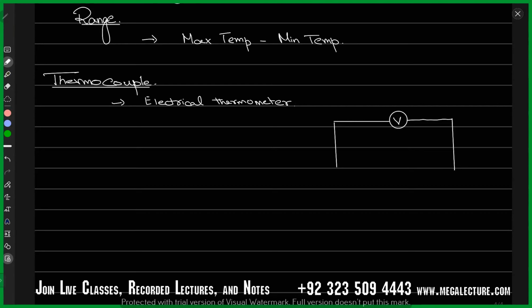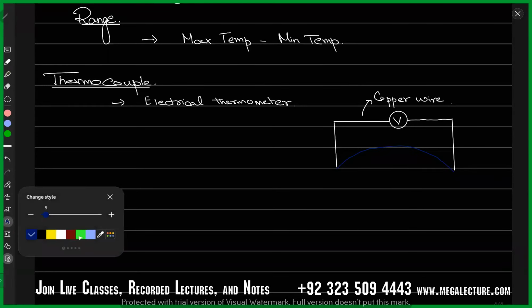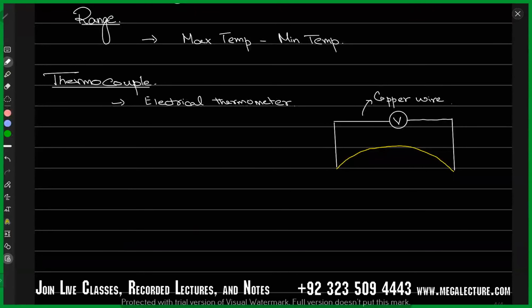For example, we can pick this wire to be a copper wire. And the other wire is any other metal, and it's something like this. Let's give it some lighter color, yellow. Now you can see there are 2 points, this one and this one. These points are called junctions. So this is junction 1 and this is junction 2.